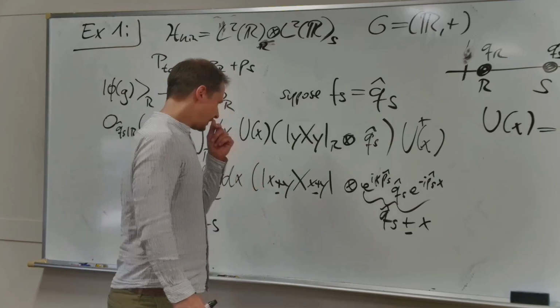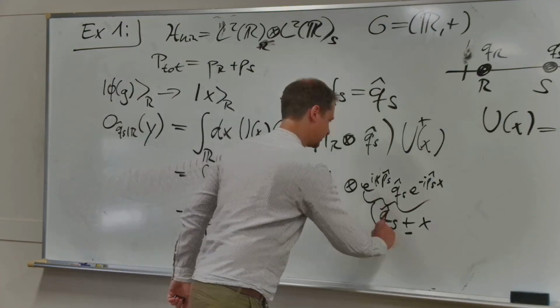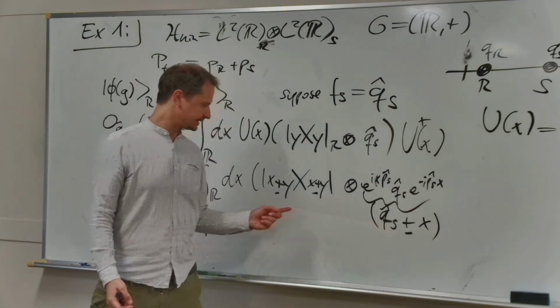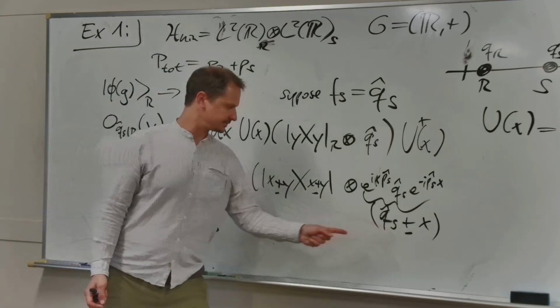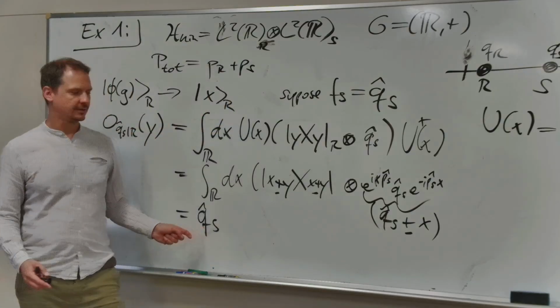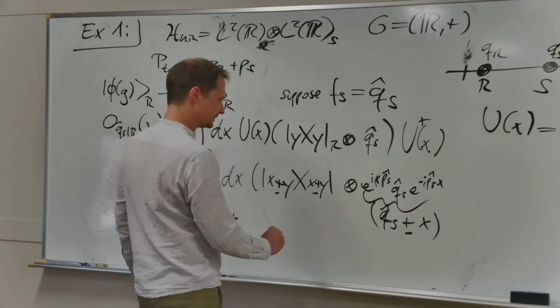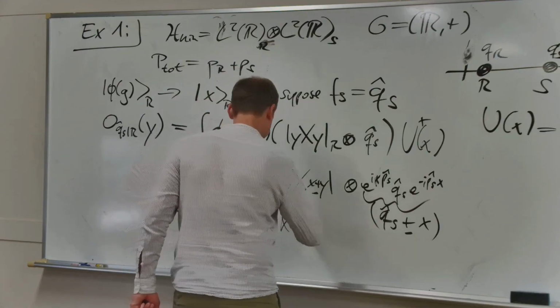Now here, this is a product. For QS, this here is just going to give me a resolution of the identity for the first part, so that's why I just get QS here. And then I get plus minus dx, and then I have x.